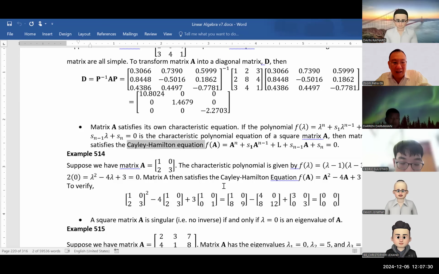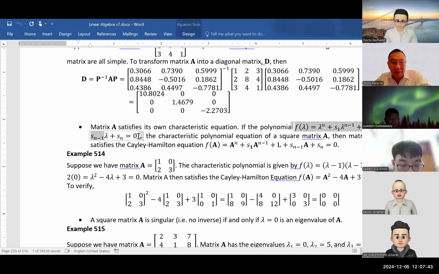Okay, this one is called the Cayley-Hamilton equation. So if you know the polynomial equation like this of matrix A, then you can always find a function of A similar to this characteristic polynomial equation.